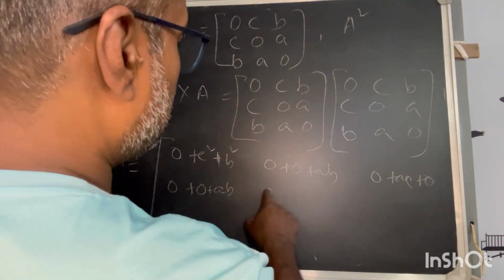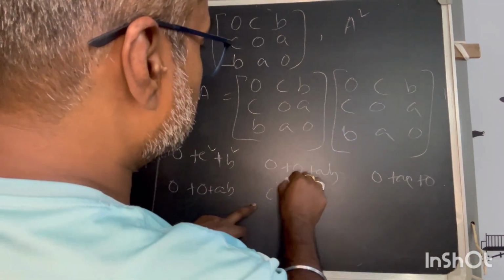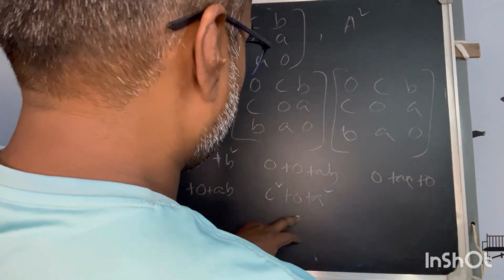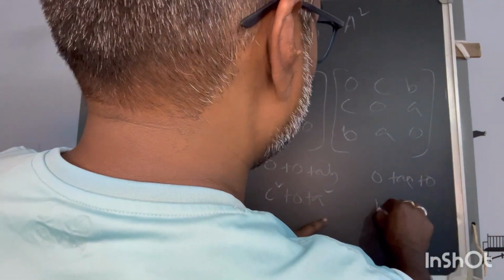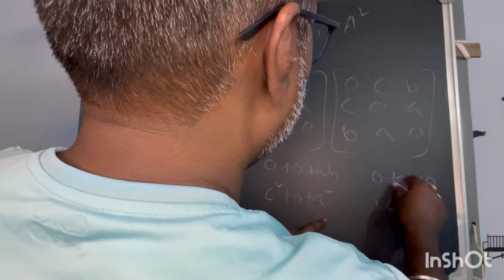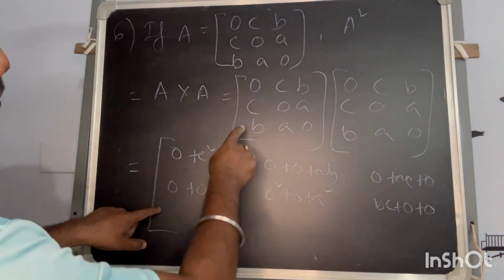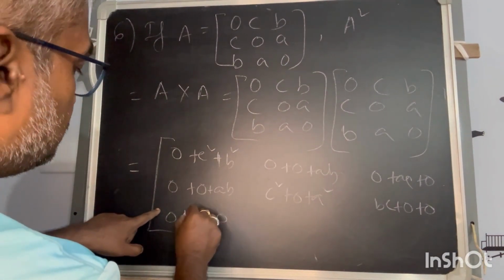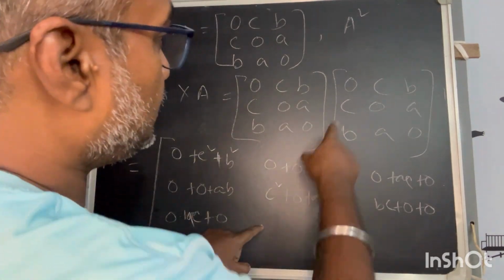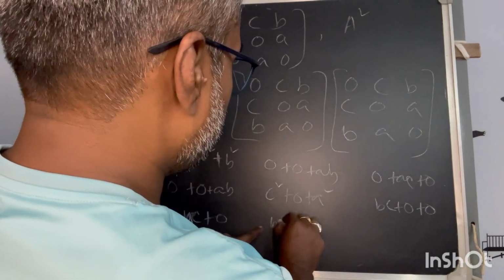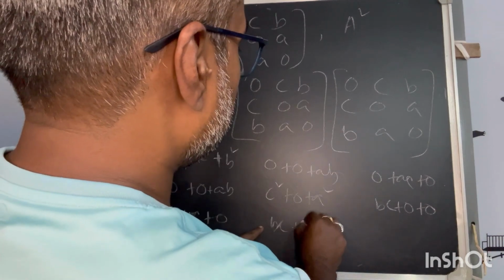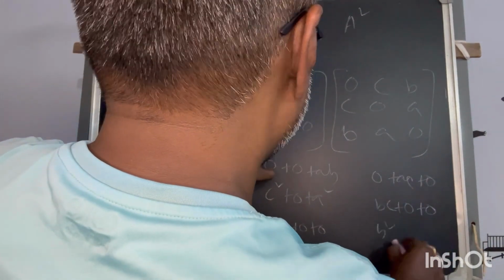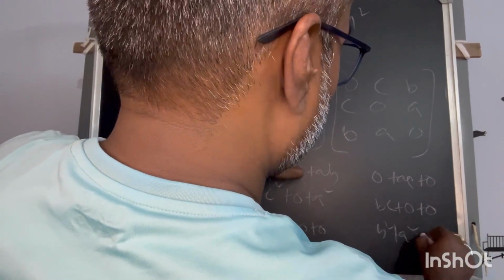The second term: C into C, C square, 0 into 0, 0, A into A, A square. Then C into B, BC, plus 0 plus 0. Then B into 0 plus AC plus 0. AC into 0. B into C, BC, A into 0, 0. Okay, B into B, B square plus A square plus 0.